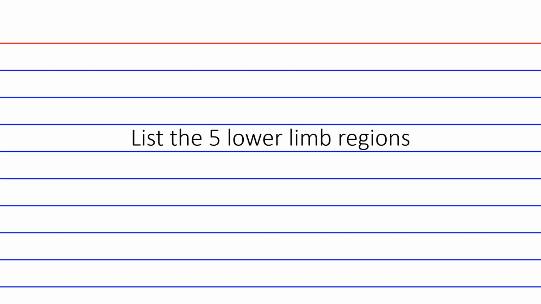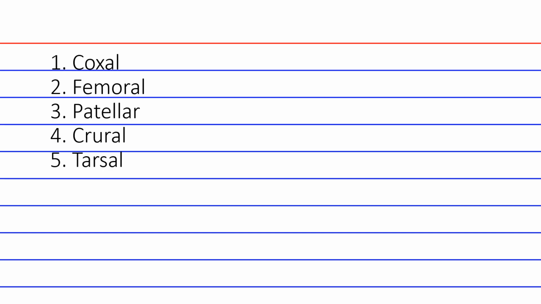List the 5 lower limb regions. The answer is the coxal region, the femoral region, the patellar, crural, and tarsal.